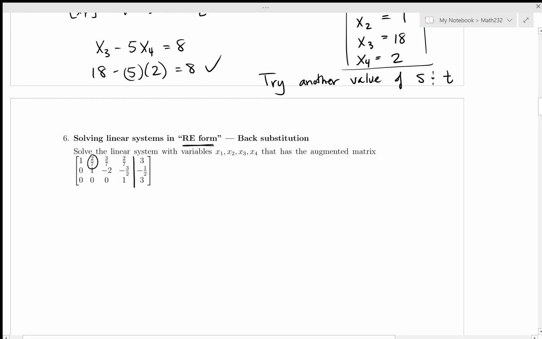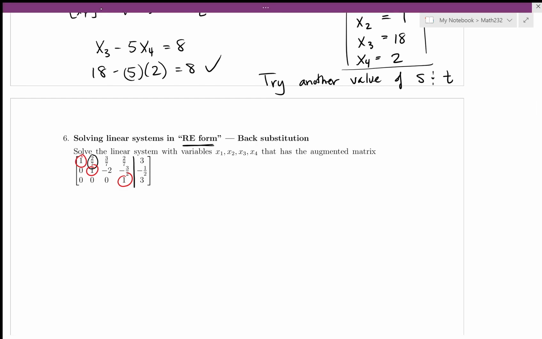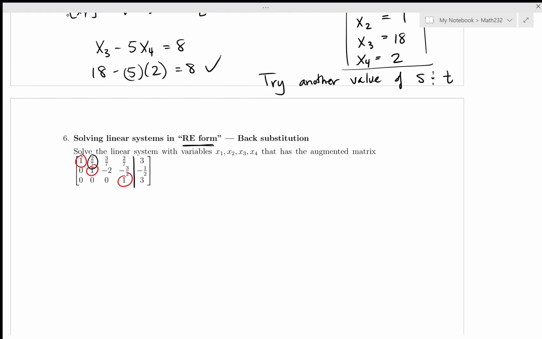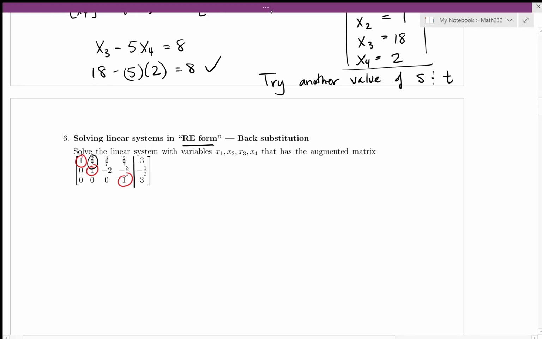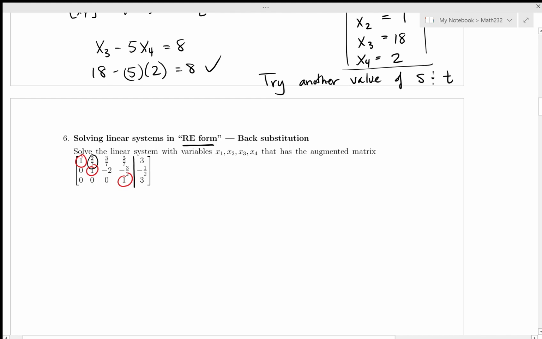Because of this guy right here. That's the leading one. I'm going to circle those ones: 1, 1, and 1. Those columns are supposed to have zeros everywhere else, and they do not. So the problem would be with this one and this one.